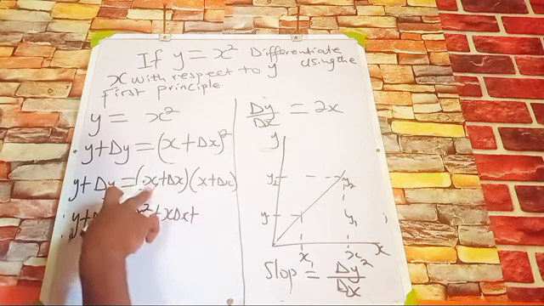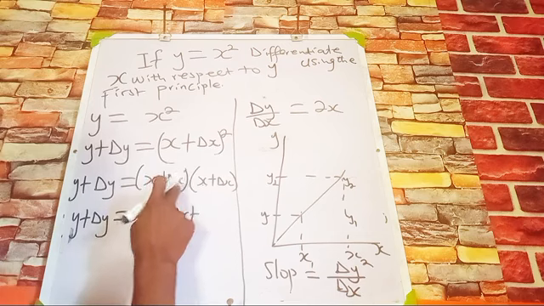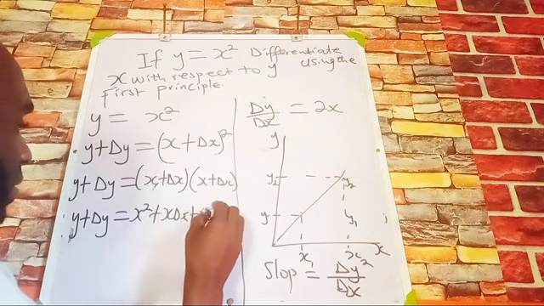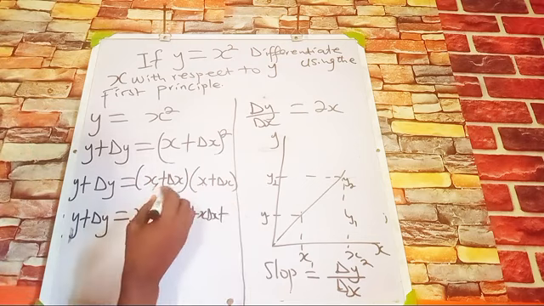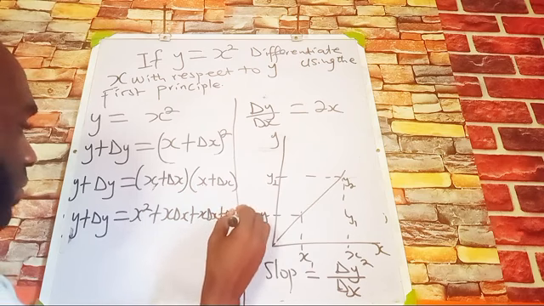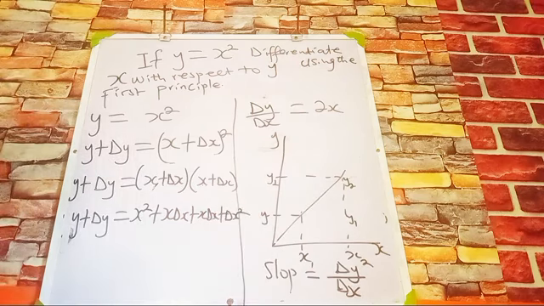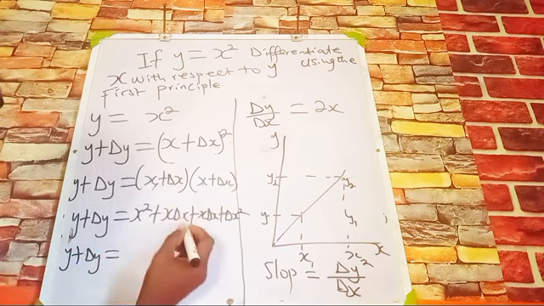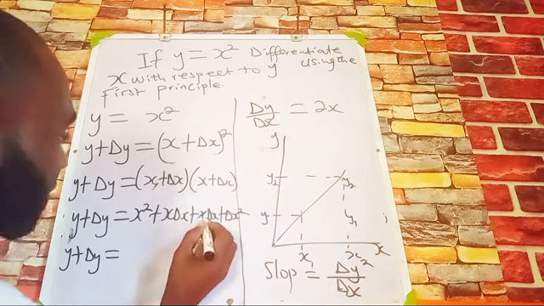plus we are done with x, we move to the second one. So the dx times x, that gives us x dx. Then the dx times dx, that gives us dx squared. That is, we have the x squared. So now we have y plus dy is equal to, here we're having x dx, x dx.